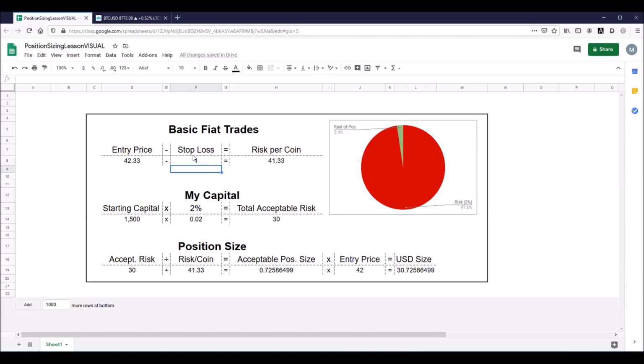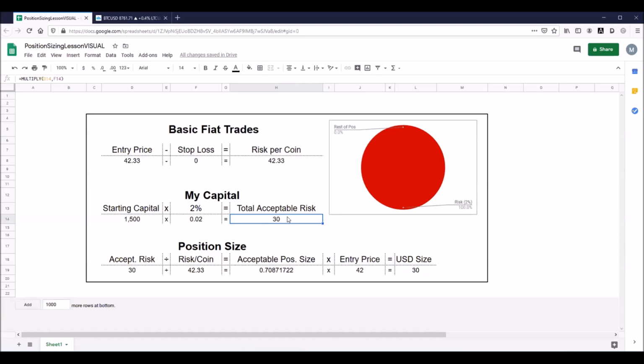Now, if I am coming from the angle of my stop loss and my 2% dictating my position size, the moment I put my stop loss at nearly 99% away from my entry, my position size can only be about equal to 2% of my capital. That's all I can put on, because I have to risk all of it with a stop loss that far down. Or for example, if I had no stop loss, my position size would be exactly equal to my 2% if I was going to honor it.